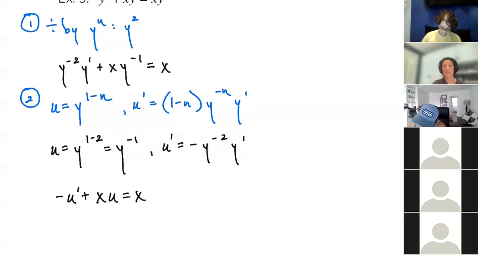So we make our substitution. We get negative u prime plus xu equals x. And just like last time, life is easier when we keep that u prime positive. So let's divide everything by negative 1. And we get u prime minus xu equals negative x.